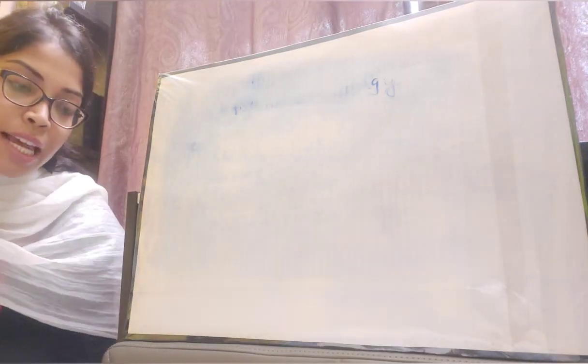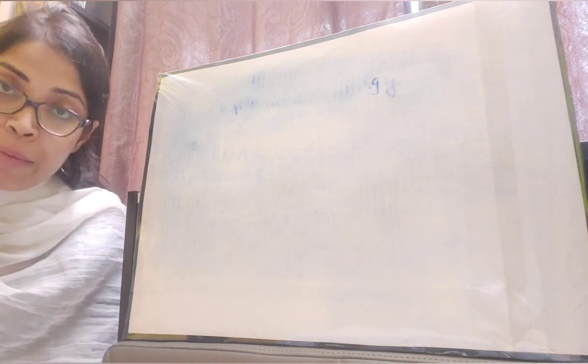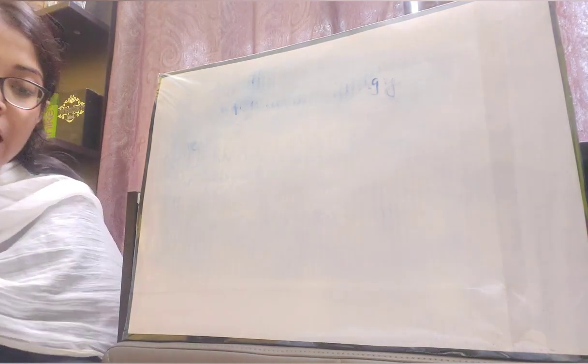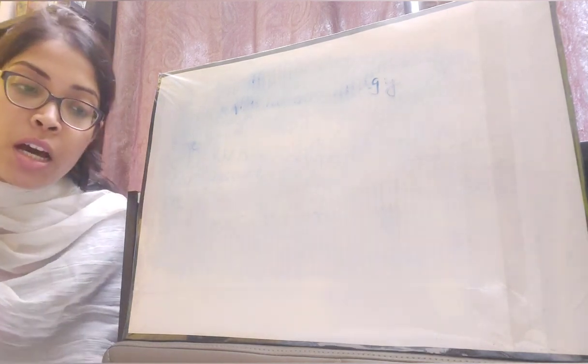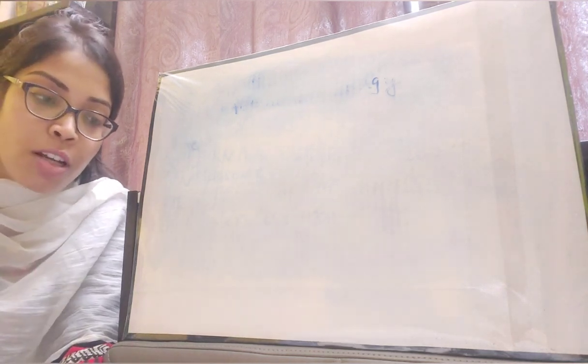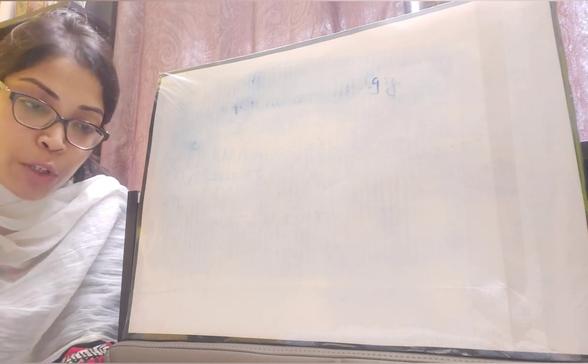Today, the next topic that I am going to start, under this topic enzyme, is the classification of enzyme. That part is very important, but before going into the classification of enzyme, let me tell you a few small things that you have to learn from your book.